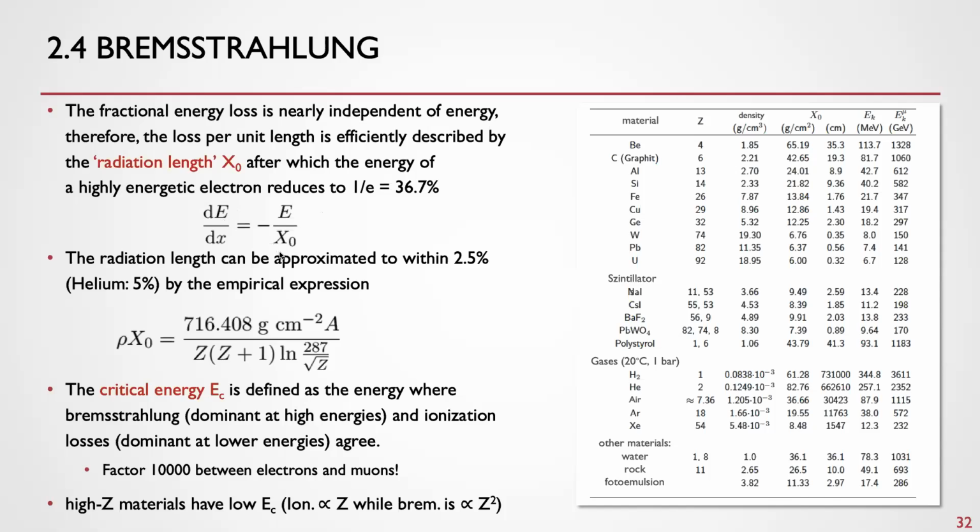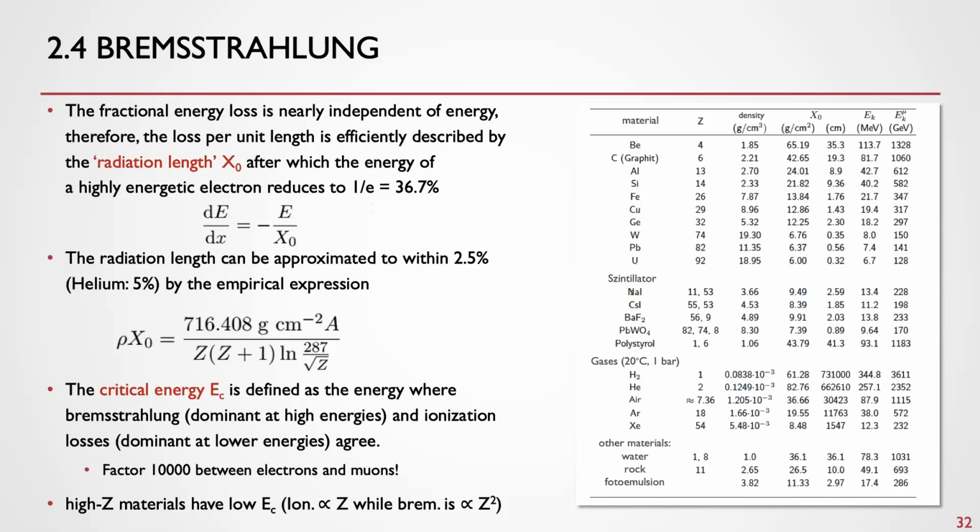From this, you can already infer that X0, the radiation length, is the length over which an electron's energy falls to a fraction of 1 over e, which is 36.7%. So a small radiation length means that by means of radiative energy losses, a particle is quickly stopped.